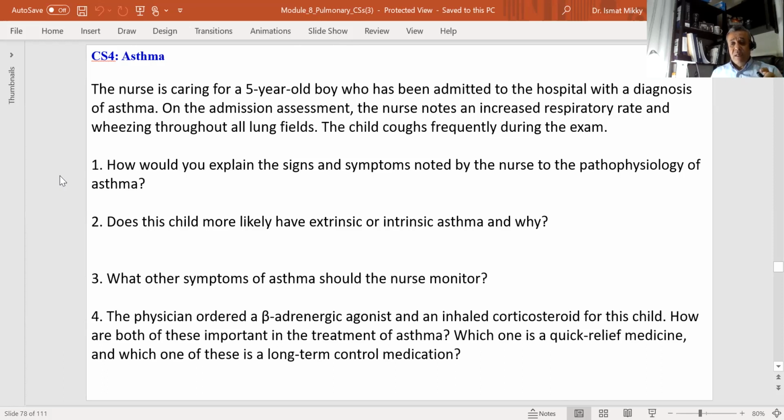A type 1 reaction causes degranulation of the mast cell, which releases chemical mediators that result in bronchospasm. So the patient has extrinsic asthma, not intrinsic asthma.